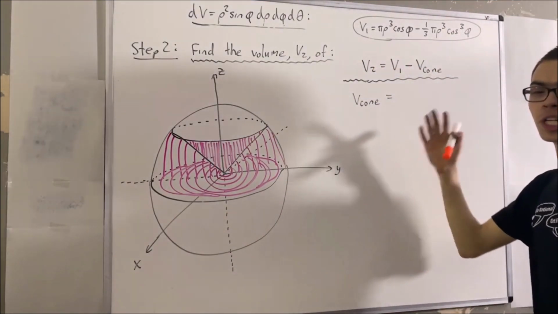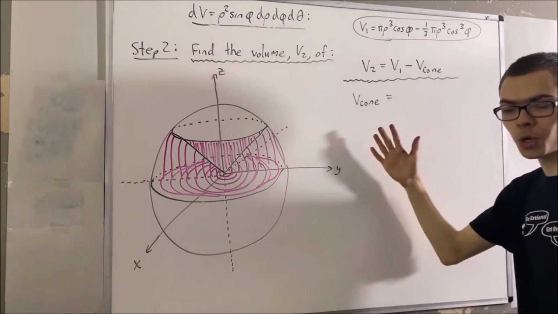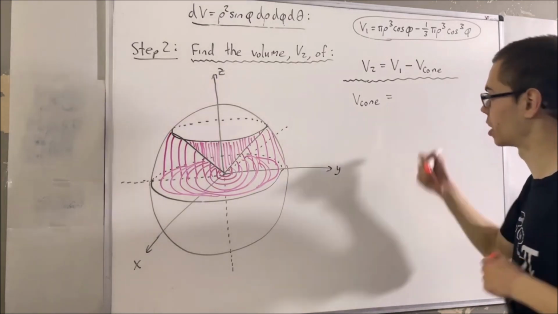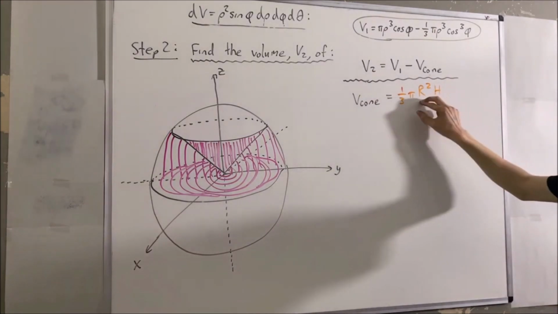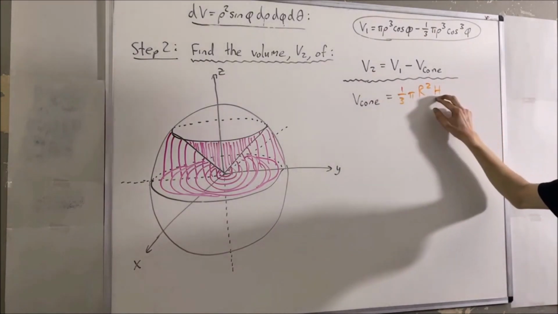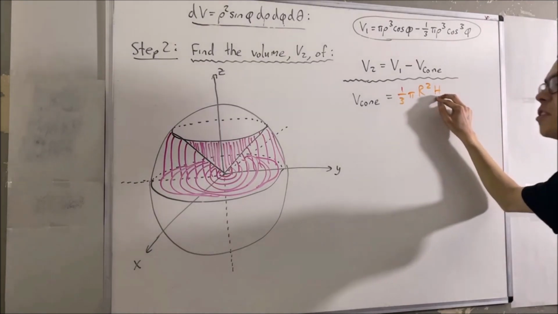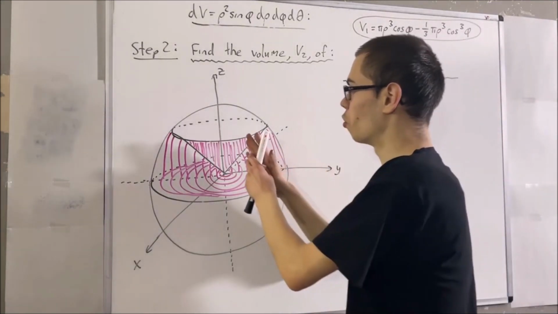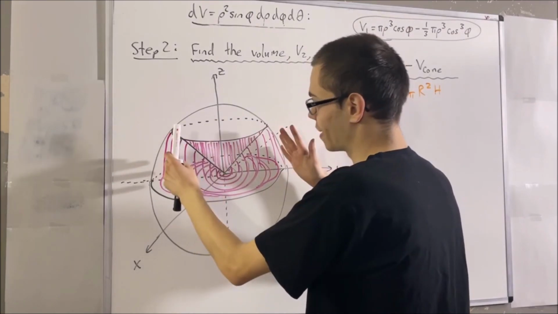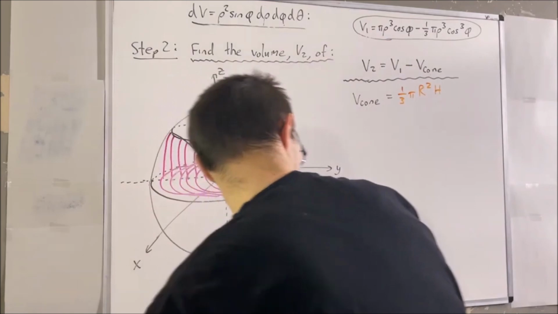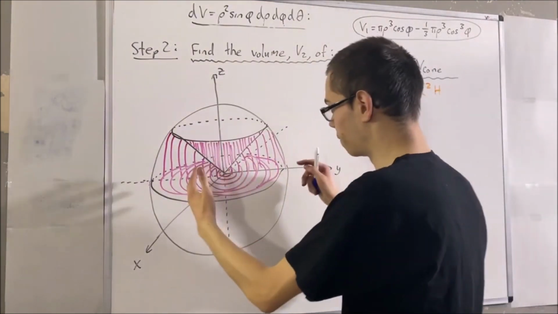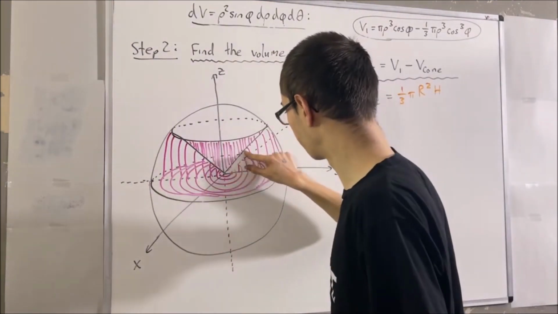Well, the volume of a cone in general is 1/3 pi r squared h. So then we need to determine the radius of the cone and the height of the cone. Well, first off, let's just rewrite the constraints that we had when figuring out V1. That is, the radius of this sphere is still rho.